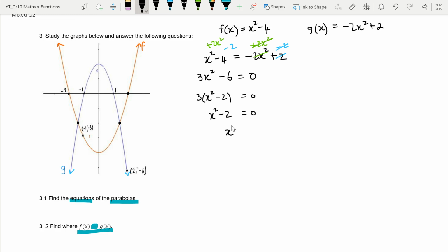Okay, I think the best way to go about this one is then to maybe just take this one over. I think this is how you would do it. And if you do it differently by reaching for your calculator or whatever, that's perfectly fine. And then to get x by itself, I get the square root on both sides. And therefore, x is equal to plus or minus the square root of 2.